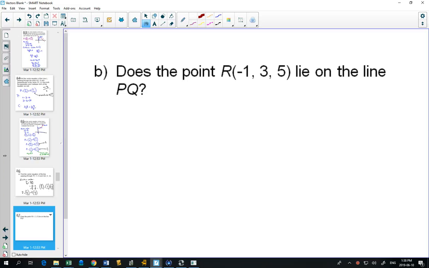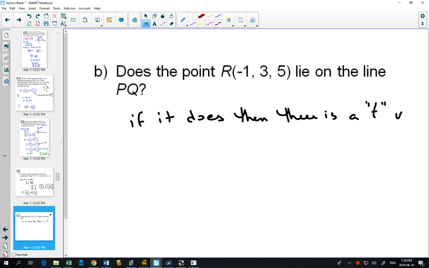So the question is, does the point (-1, 3, 5) lie on the line? If it does, there's a t-value that makes this true.